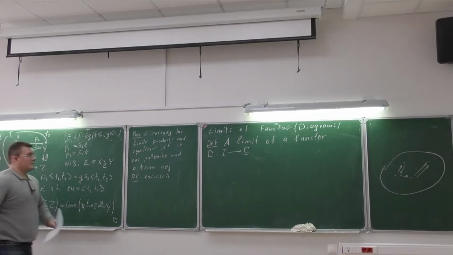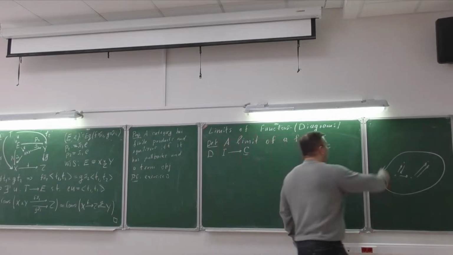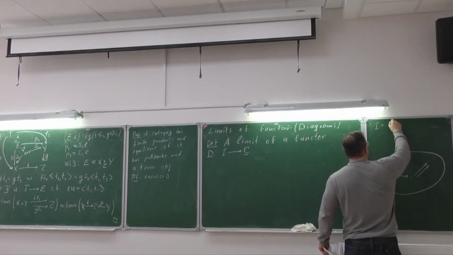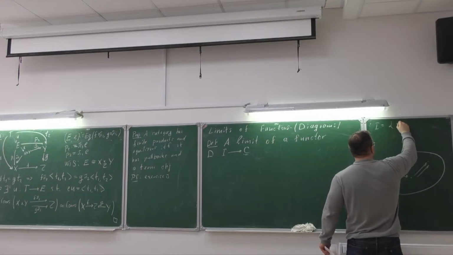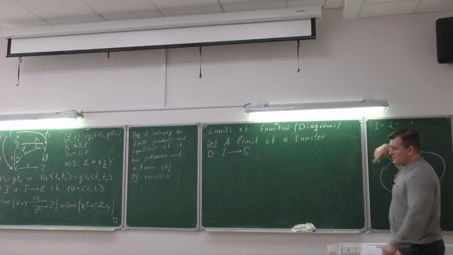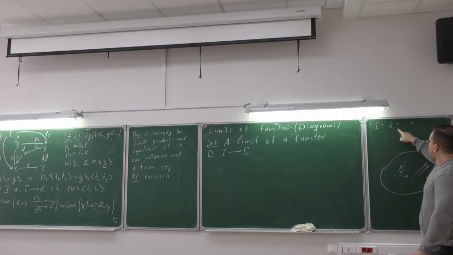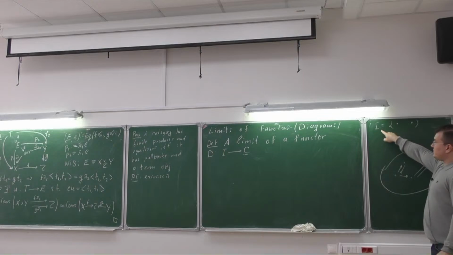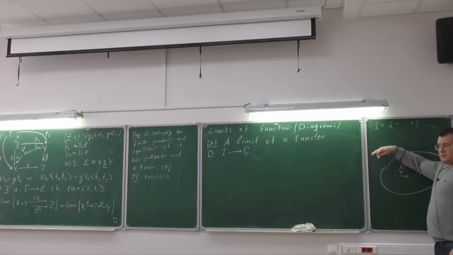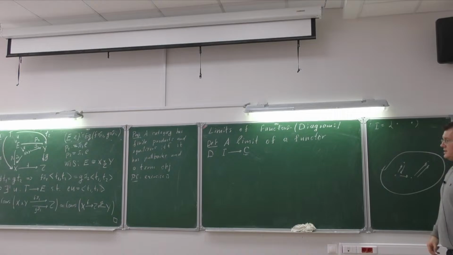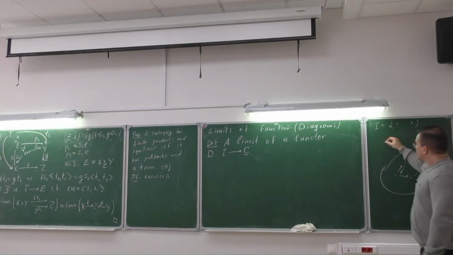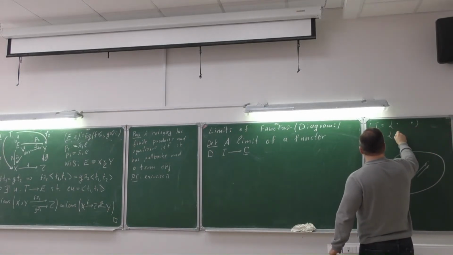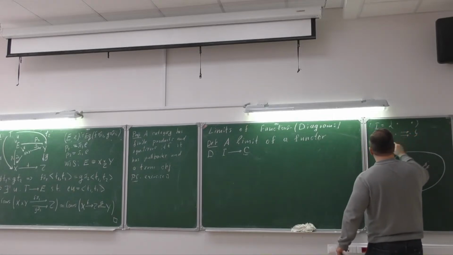Now, what if I take, for example, I to be equal to the following category? Well, just two objects. I don't want to write the identities. Identities are always there, but there are no other arrows other than identities, and just two objects, right? And I look at the functor from this category to C. It precisely means that I choose two objects in C. So in this case, the examples that we discussed before, the binary products, the equalizers, this is the diagram, or the pullbacks.